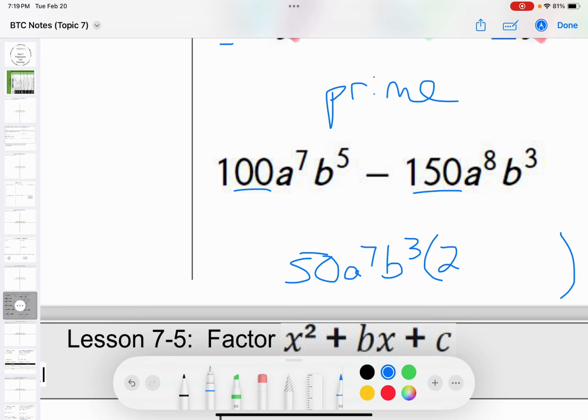B to the 5th over b to the 3rd is b to the 2nd. Subtract 150 over 50 is 3. A to the 8th over a to the 7th is a. B to the 3rd over b to the 3rd is gone. So 50, a to the 7th, b to the 3rd, times the quantity 2b squared minus 3a.